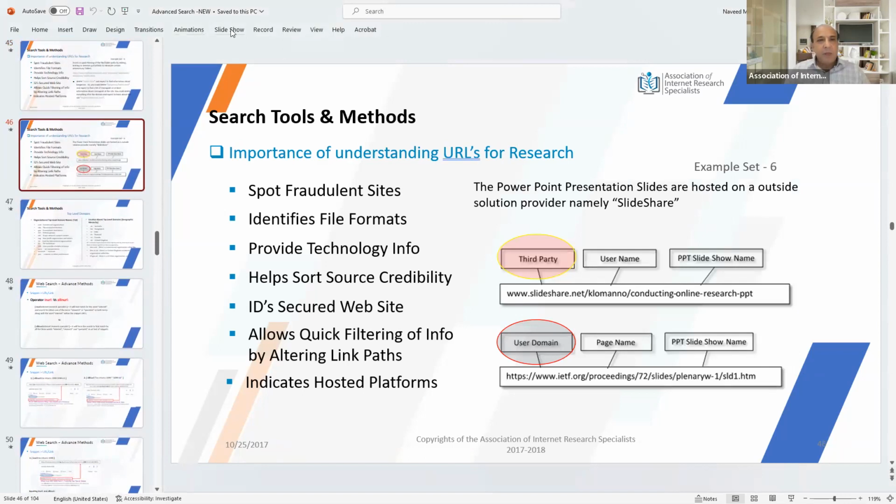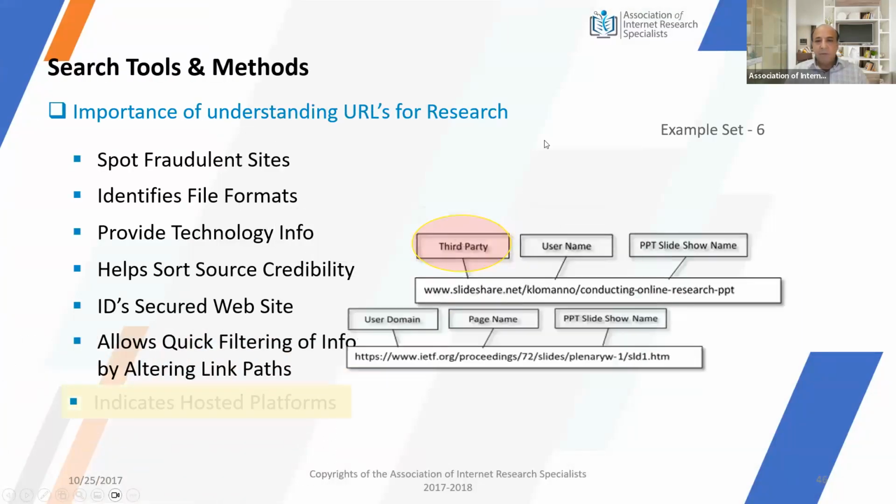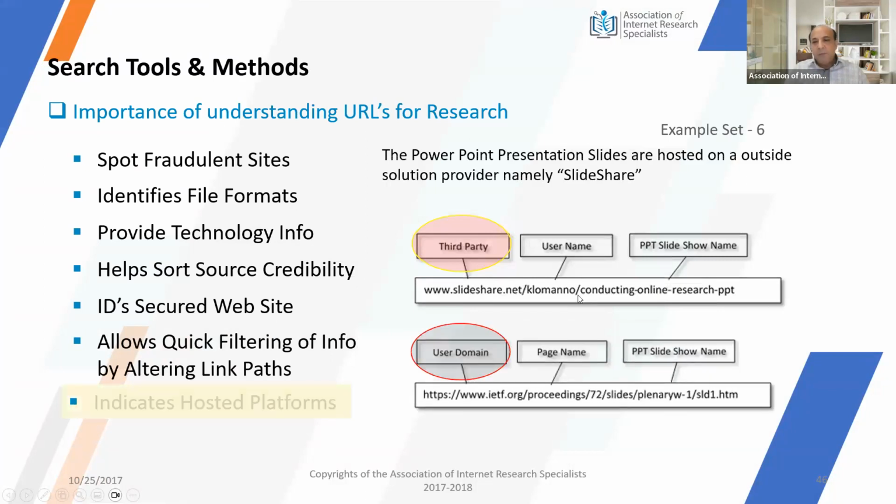Another thing about domains that might be useful for you to identify if it is coming from the original source or not, you can read, and these are the two examples. We'll just look at these two and that should be enough. You can tell by looking at the structure of the URL if it is coming from the original owner of that sort of information page.